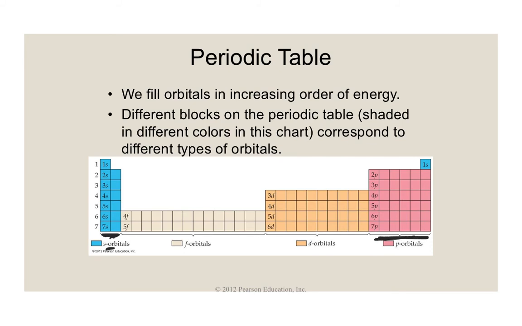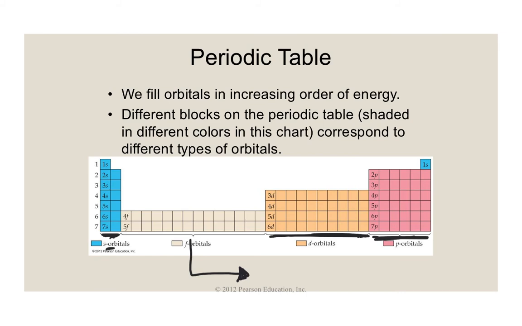You'll notice one over here on the far right that is 6 wide, just like p orbitals hold 6 electrons. You'll notice that we have a d block that is 10 wide because d sublevels hold 10 electrons. And then they've actually taken the f and pulled it out and put it down below here so it fits better on an 8.5 by 11 sheet of paper. But if it was where it belonged, it would go right in that slot right there.